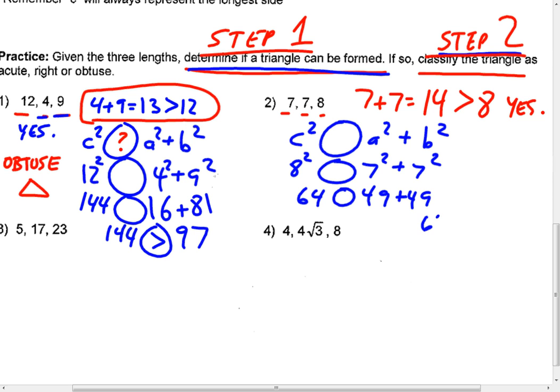I'm getting 64 less than 98. What does that mean? Acute triangle.